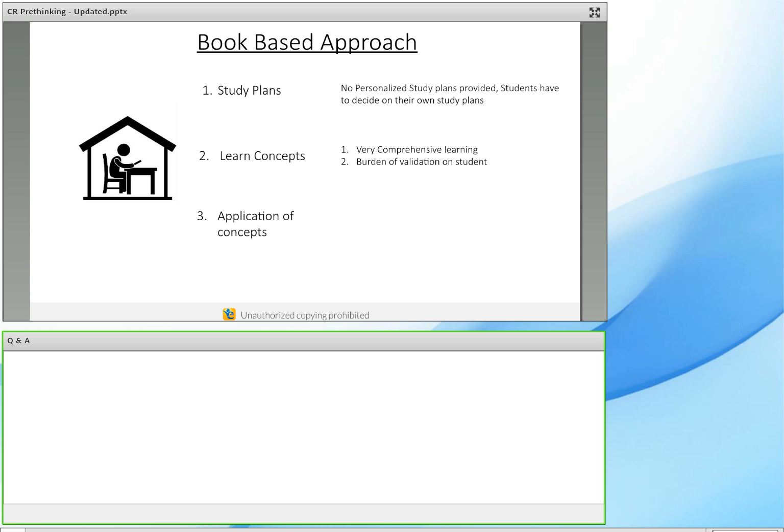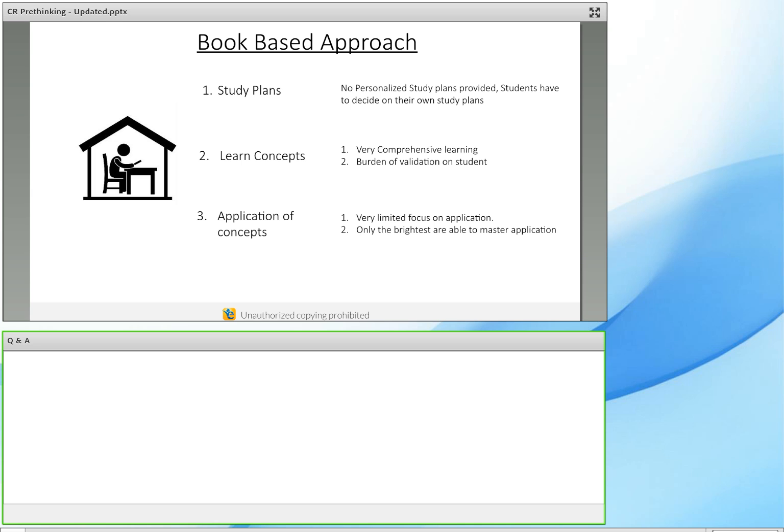One area where books don't do as great a job is teaching you how to apply those concepts. The very static nature of a book doesn't render very well into telling you, while solving a problem, what you need to do in step 1, step 2, step 3. And so people who resort to a book-based approach resort to solving hundreds and hundreds, in fact thousands, of questions.